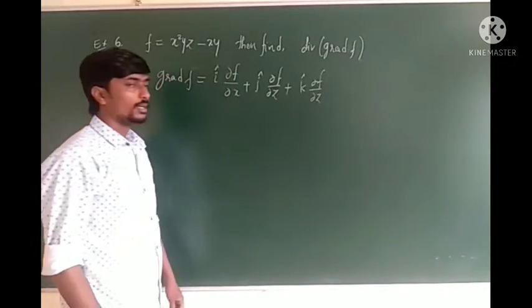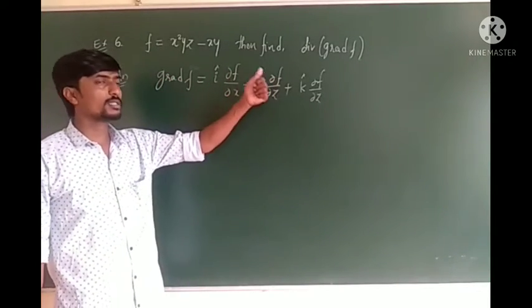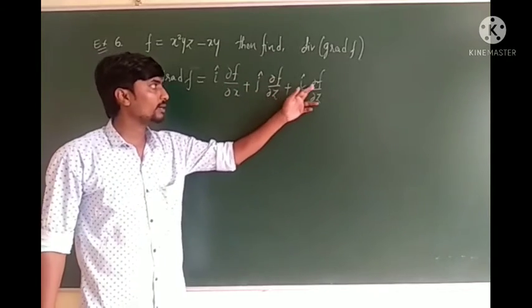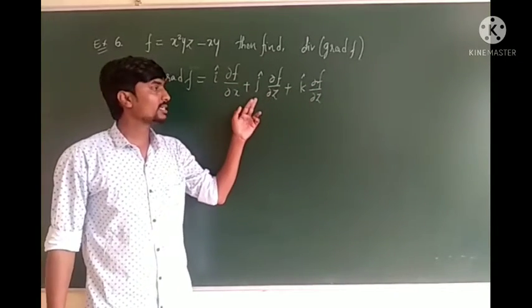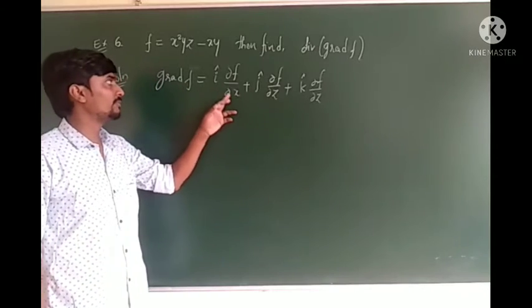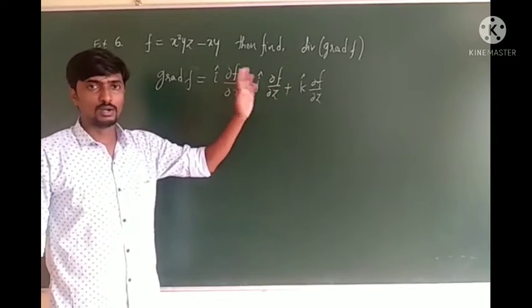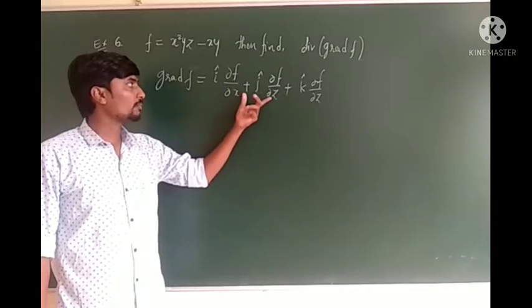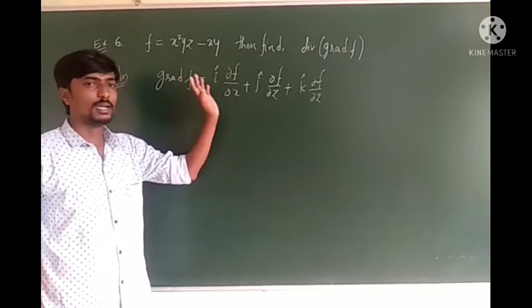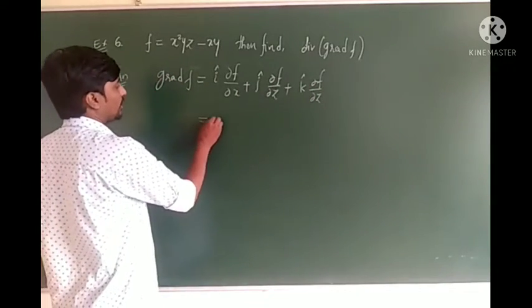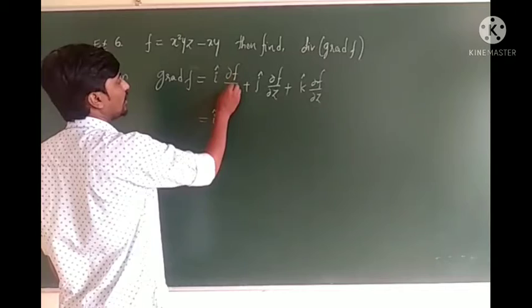So now look at here, in the previous case for the divergence we were writing only dou f1 by dou x plus dou f2 by dou y and dou f3 by dou z. But in this case we are writing the values along with the i, j, k, because the gradient of a scalar becomes a vector in this quantity.